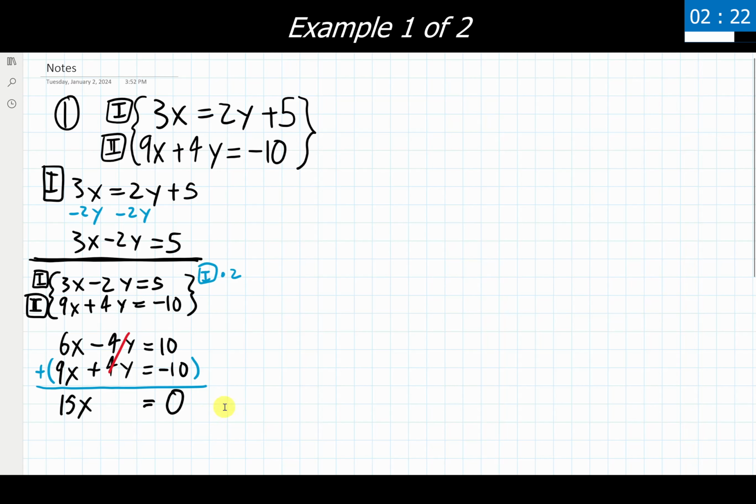It's actually a fairly common occurrence as we go through these. But I'm just going to continue solving this for x. So I'm going to divide both sides by 15. And I'm getting that x is equal to 0. So there I have half of my answer determined already.